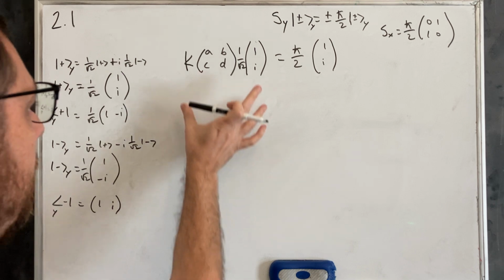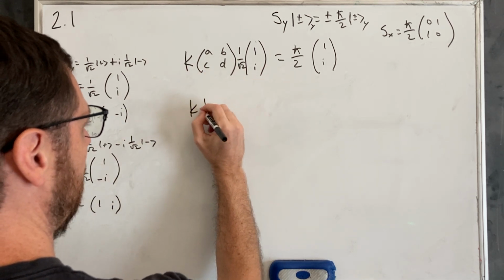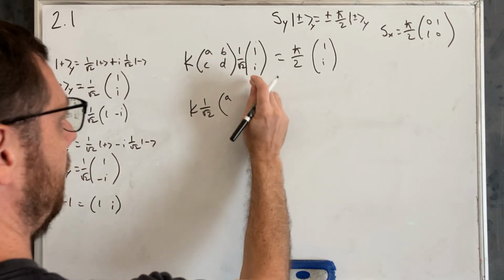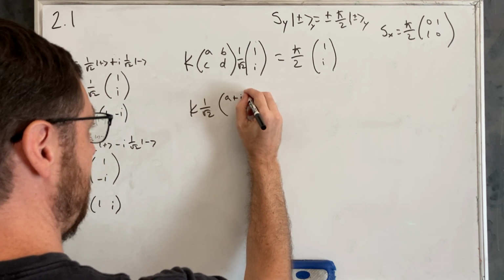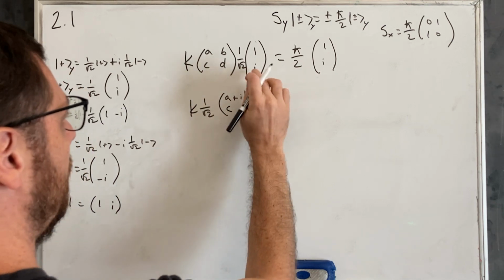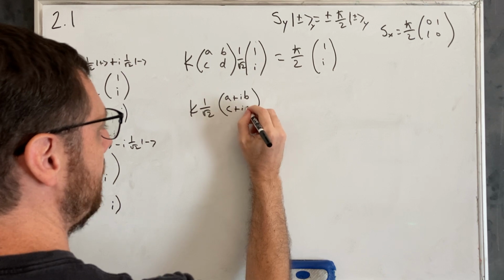All right, so what we get here is we pull out our k and 1 over root 2. 1 times a is a. i times b is ib, plus ib. 1 times c is c, plus i times d is id.